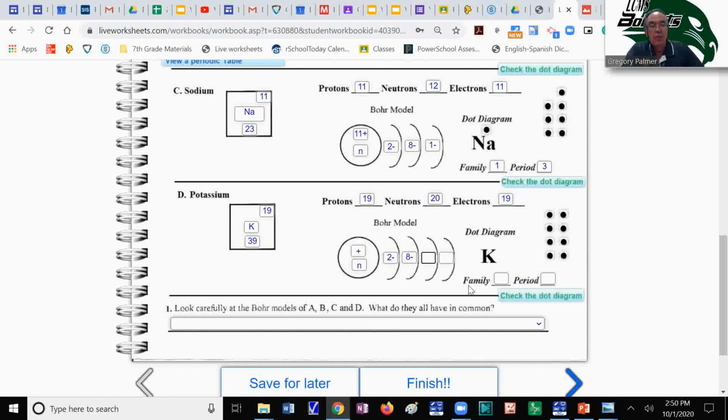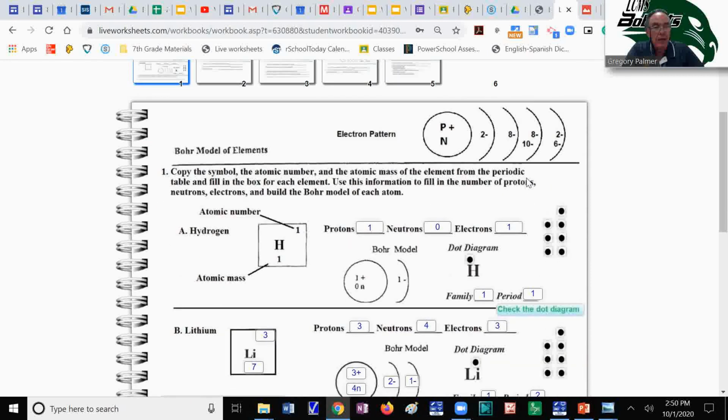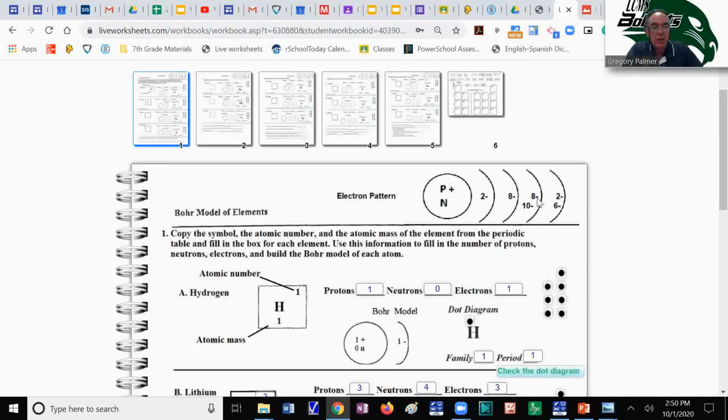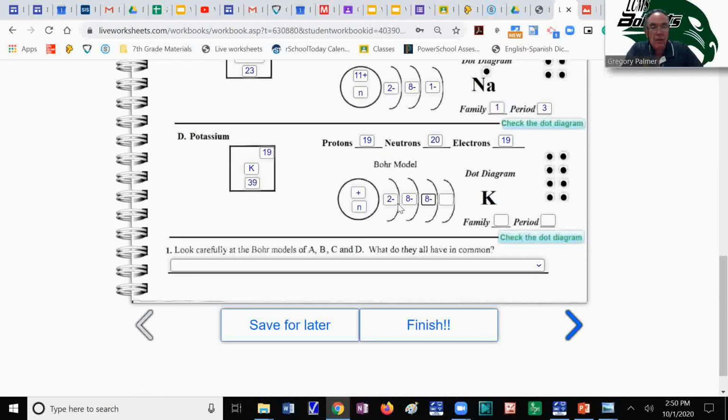And then 8 can go on the third energy level. So we have these 8 here. And when it's full, we go out to this 2. So let's count how many we got. 2 plus 8 is 10, plus 8 is 18. So we only need 1 more right here, and that's our total of 19.